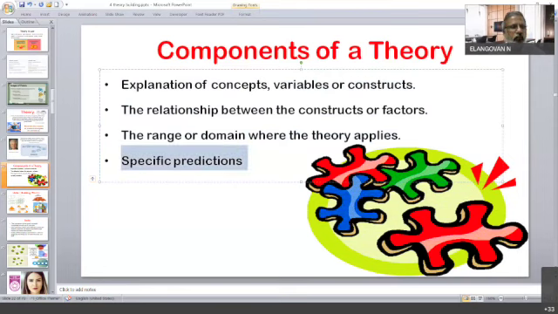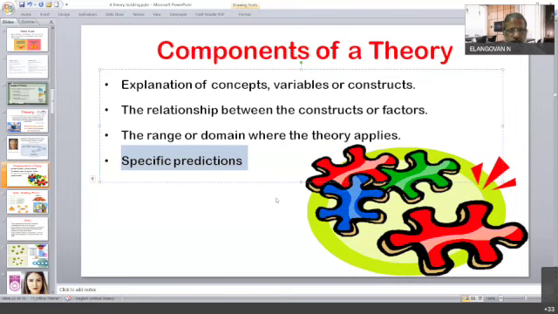And the fourth one is the predictions or specific predictions. This is what a theory constitutes. What is there inside a theory? These four components will be there. So we are going to elaborate each of these concepts so that we understand the entire theory building process. So how do we build the theory?